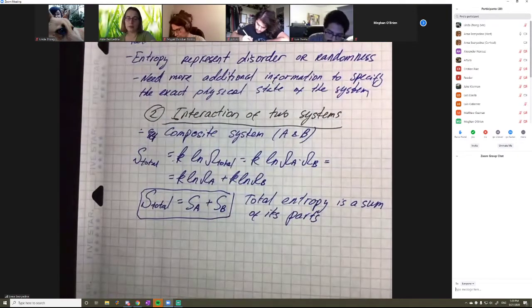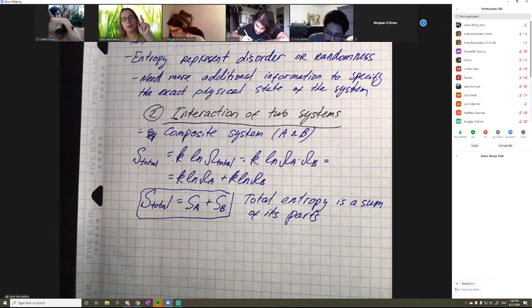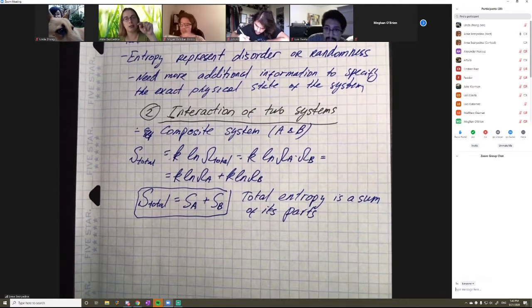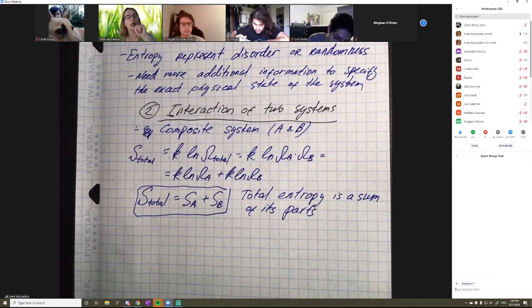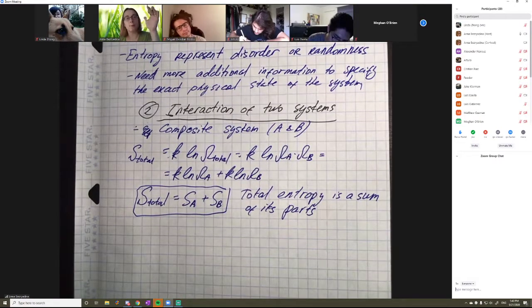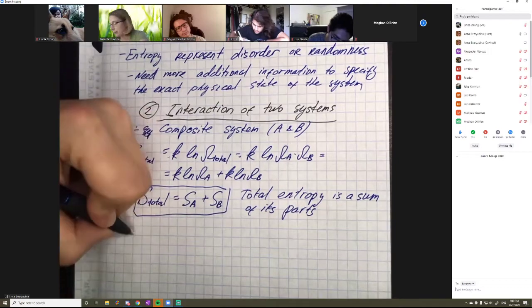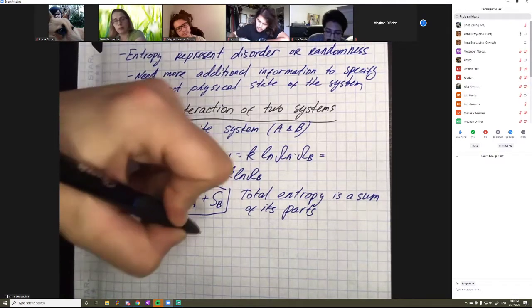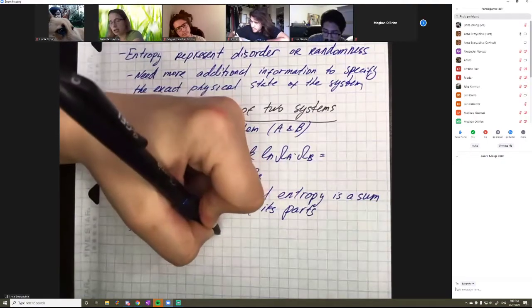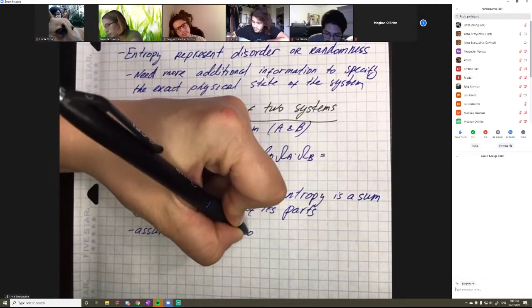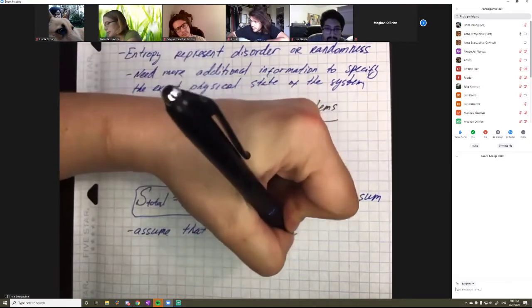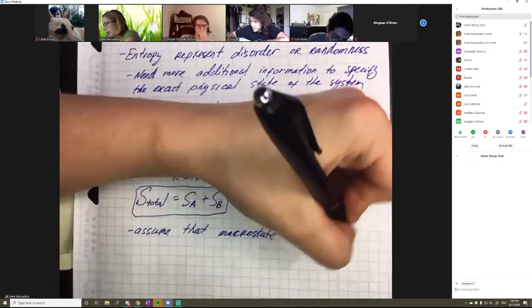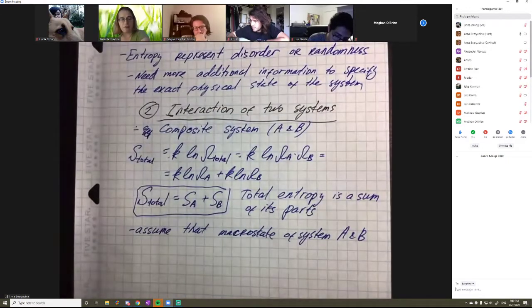But it's very important that we are assuming that the macrostates of systems A and B have been defined separately. If they interact with each other, they will share microstates together.